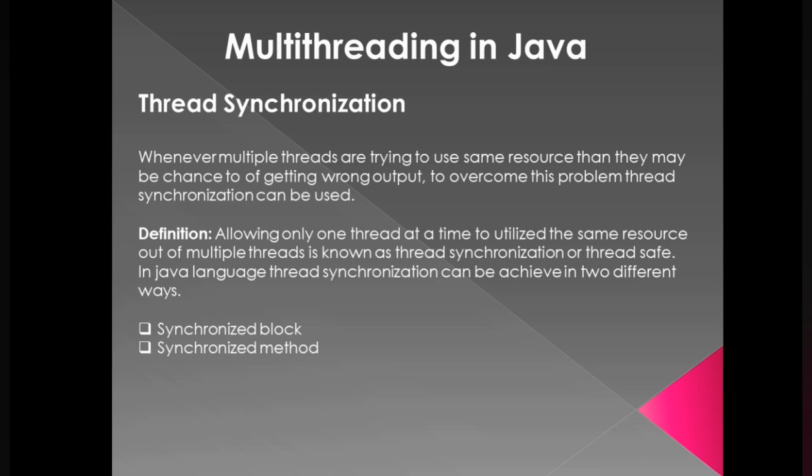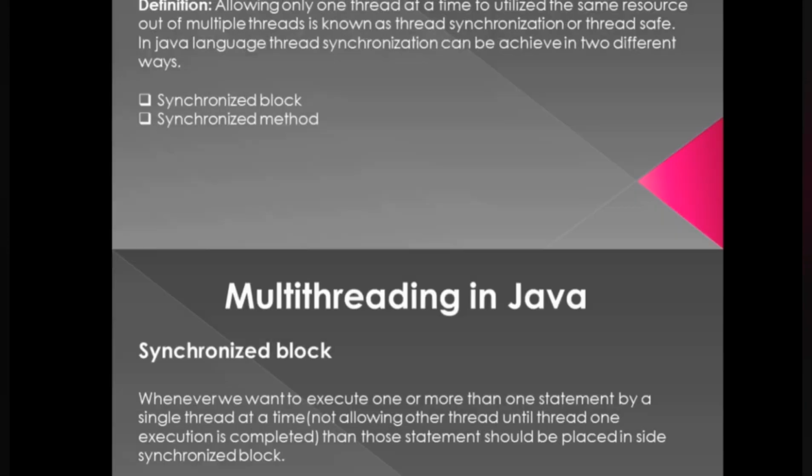Here is the definition: allowing only one thread at a time to utilize the same resource out of multiple threads is known as thread synchronization or thread safe. In Java, thread synchronization can be achieved in two different ways: synchronized block and synchronized method.